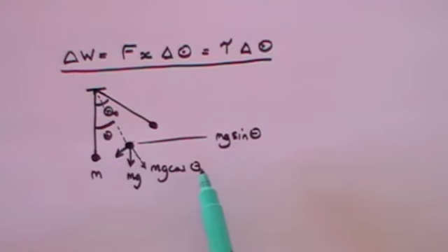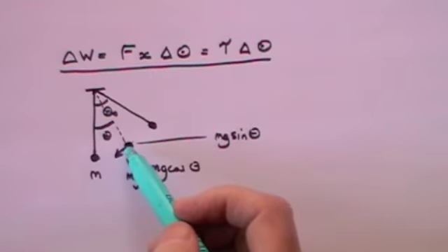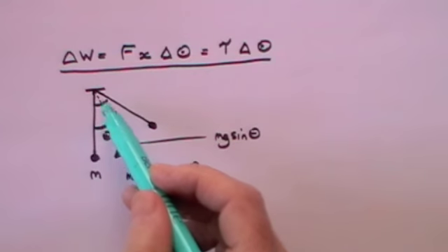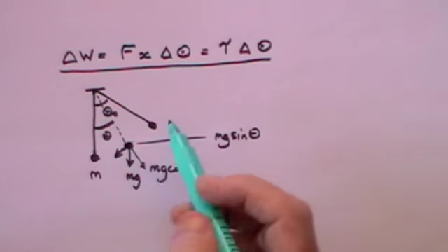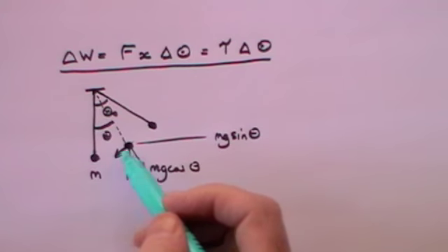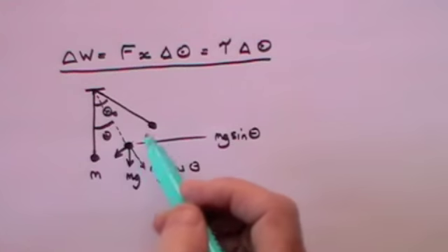Now once again, mg cos theta is having no effect whatsoever because it's essentially pulling on the rod connected to the pivot point. So it has no effect, it can't extend that rod as long as the rod is strong enough. The only force that's actually having any effect is the restoring force that is what I'm actually pushing against to push the pendulum up.